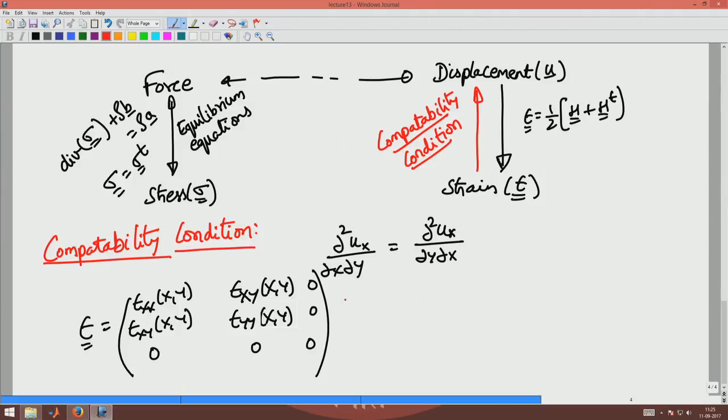So, epsilon xx becomes dou ux by dou x, epsilon yy becomes dou uy by dou y, and epsilon xy becomes 1 half (dou ux by dou y plus dou uy by dou x). This comes from the fact that I used this relation to compute the strain components in terms of the displacement field. Now, let us take forward these equations.